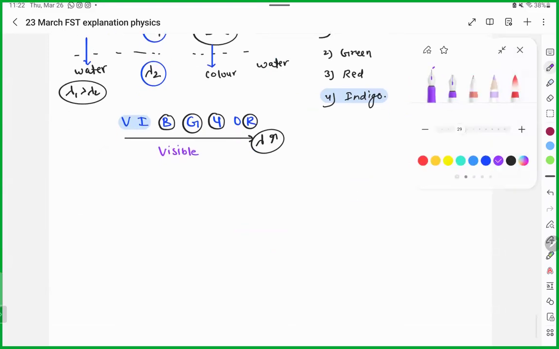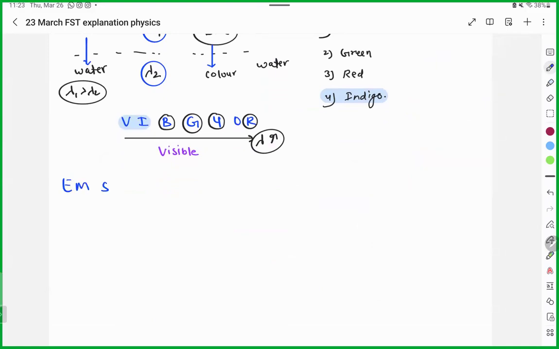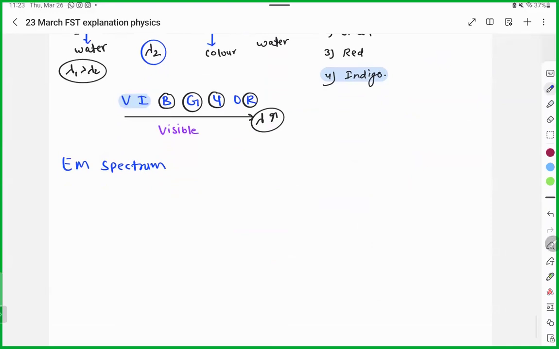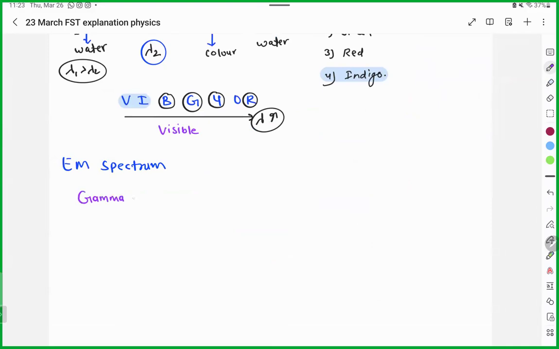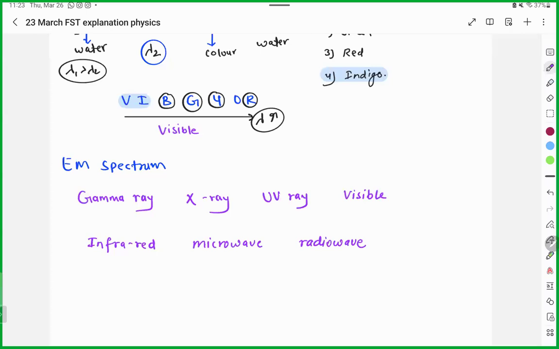If we take the electromagnetic spectrum, EM spectrum, then the sequence will be gamma ray, X-ray, UV ray, then the visible region, infrared, then microwave, and radio wave.